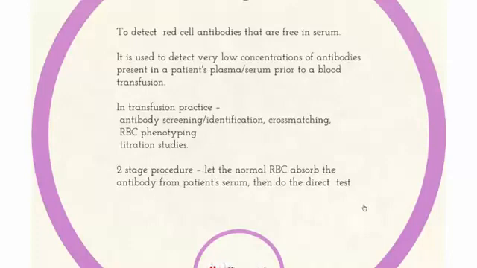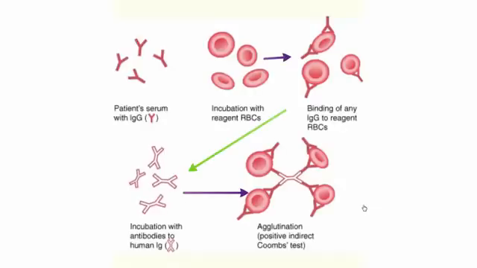If there is agglutination, that means the patient's serum has antibody against red blood cell. But if there is a negative reaction, the patient does not have antibody against the red blood cell. Okay? So this is the principle of the IAT.